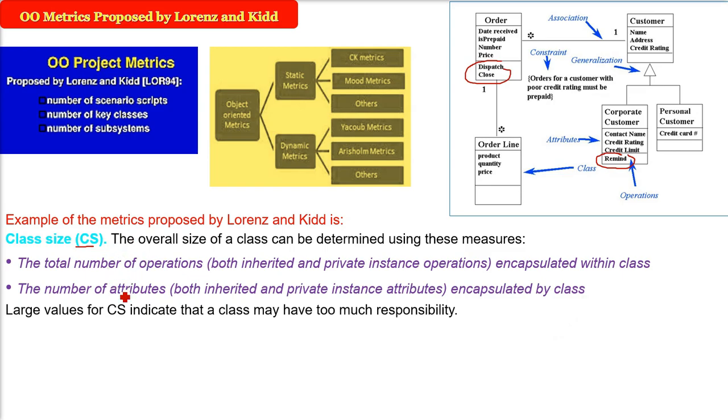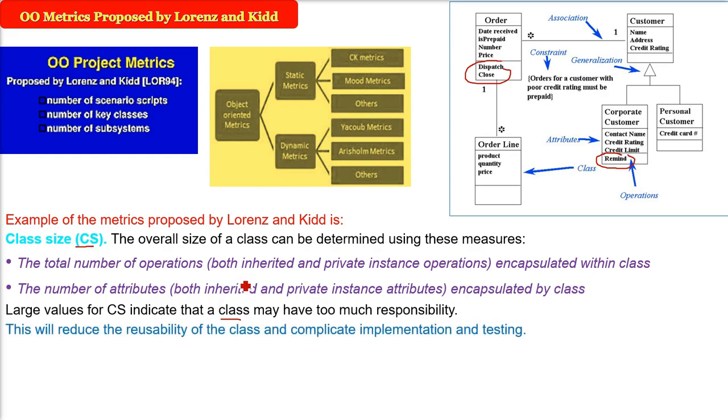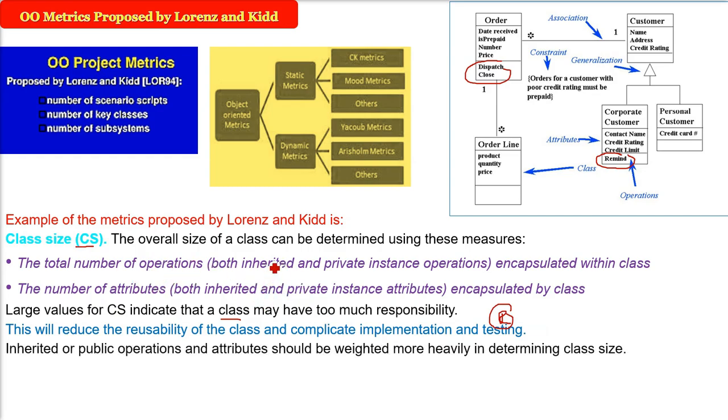Large values of this class size will indicate that a class may have too much responsibility, and that is going to reduce the reusability of that class. And when you are going to implement and test, it will be difficult. It will complicate things.